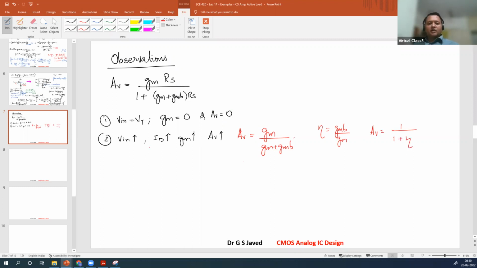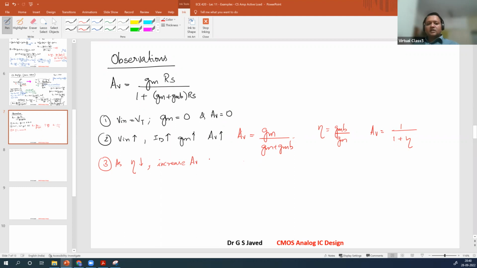Now what does this factor mean? That as eta decreases, the 1 plus eta value decreases. So this leads to an increase in Av. But how much will it increase? It will not go much.